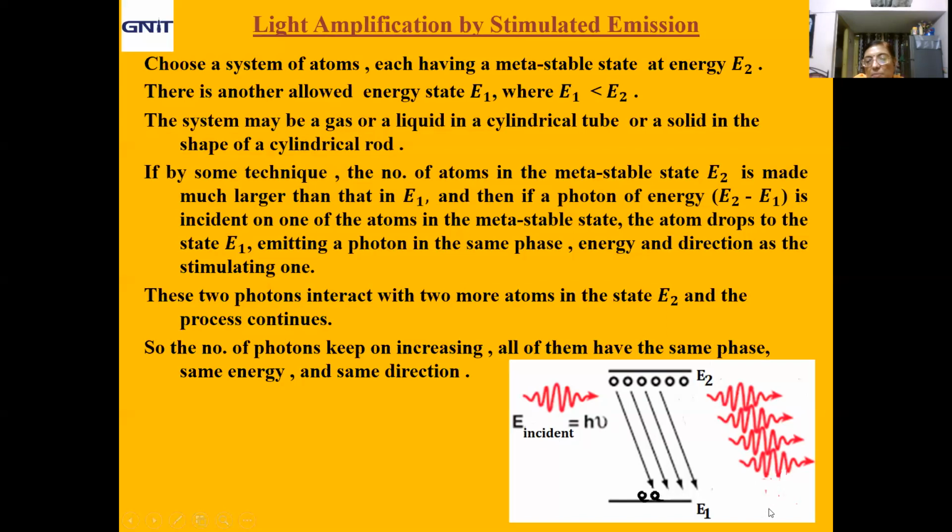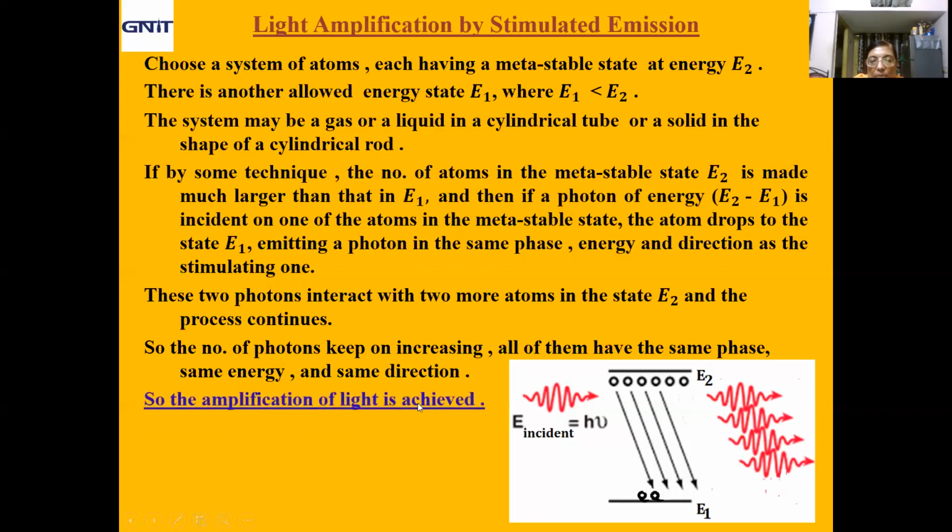These 8 photons may be available in the next stage, provided you can contain them within the neighborhood of the system by maintaining more atoms in the higher energy state than in the lower energy state. So you are getting more and more photons of exactly the same energy, in the same phase, in the same direction, with the same wavelength. That means what you are getting?